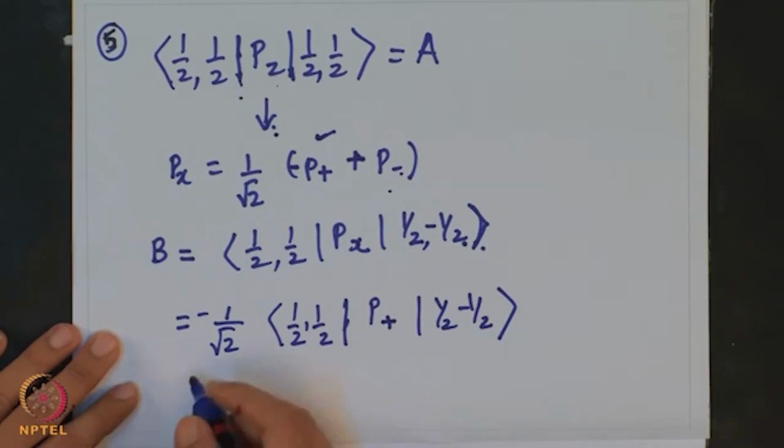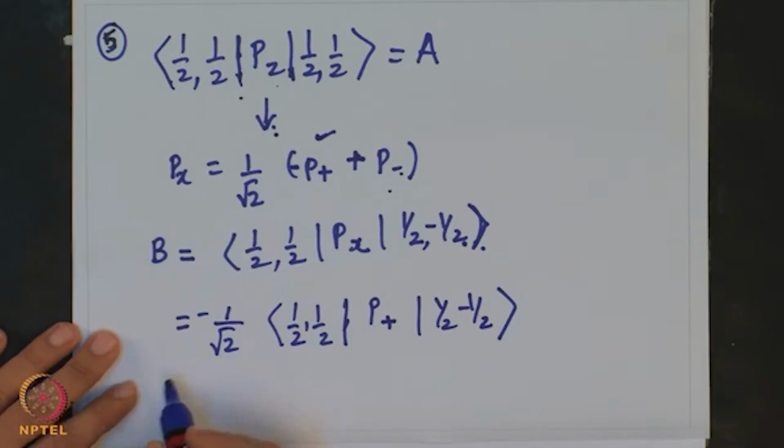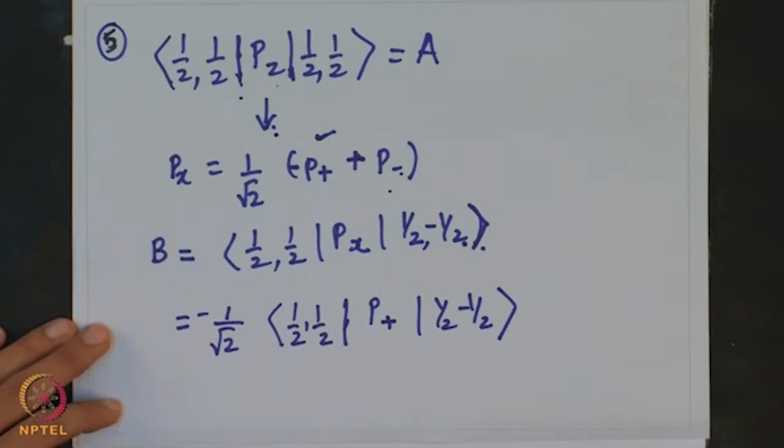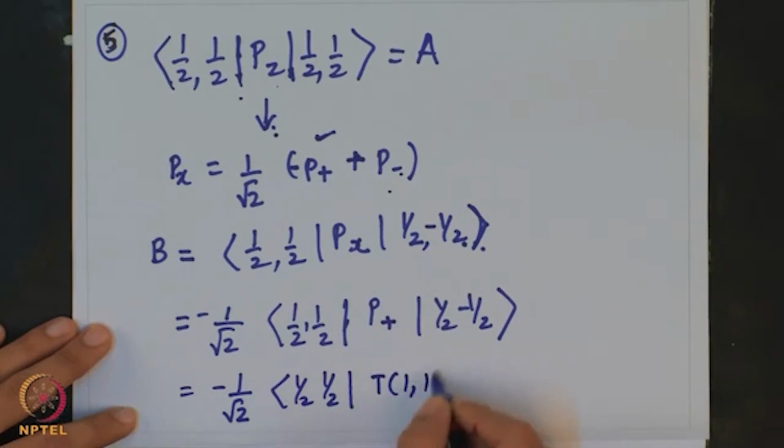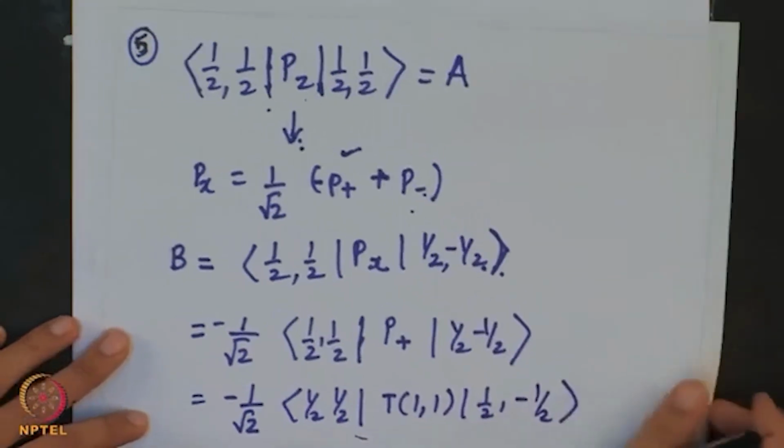So when I write this in terms of an irreducible tensor, I will have a 1/2, minus 1/2. With this you can move further and write the Wigner-Eckart theorem.